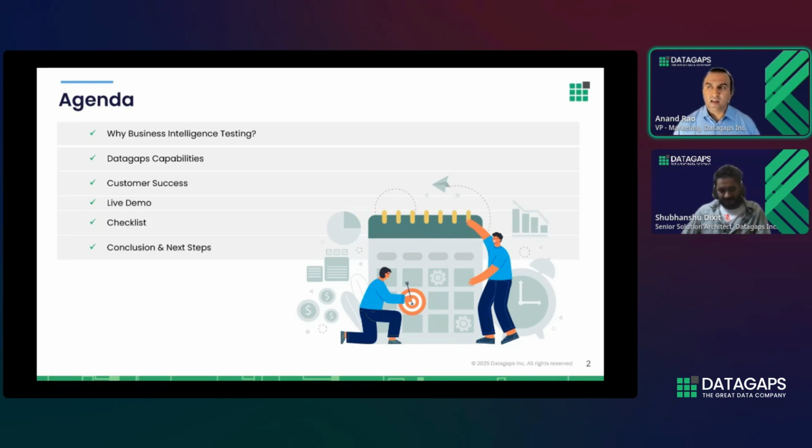He'll show you the regression test, the upgrade checks, the validation of measures, and some performance and stress tests that you could perform in an automation platform like ours. And then we'll conclude by looking at an implementation blueprint that you can take away from this. At any point, if you have questions, please drop them in the chat window or the Q&A window, and we'll save space at the end for Q&A.